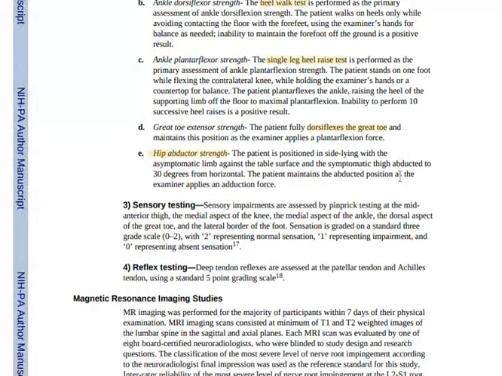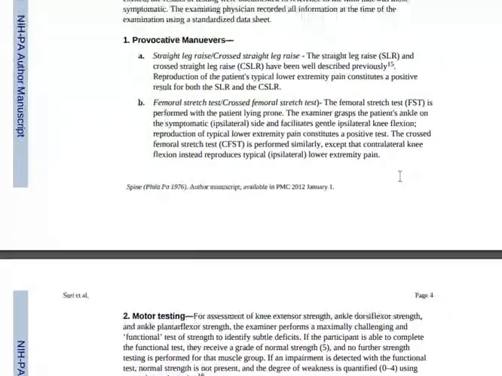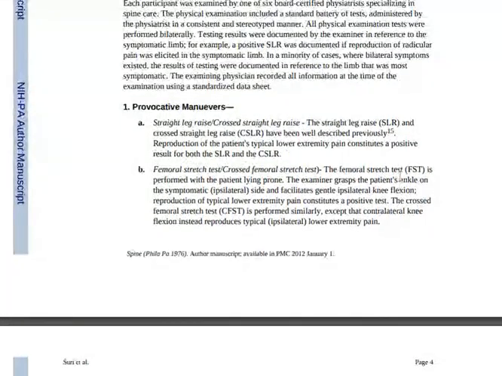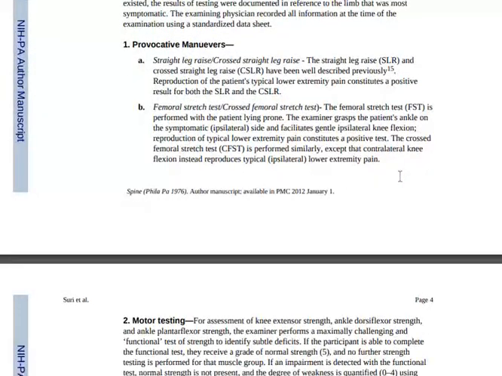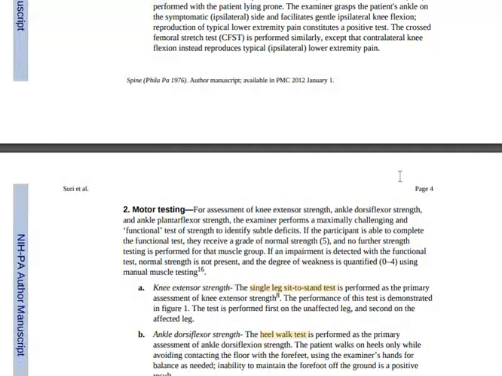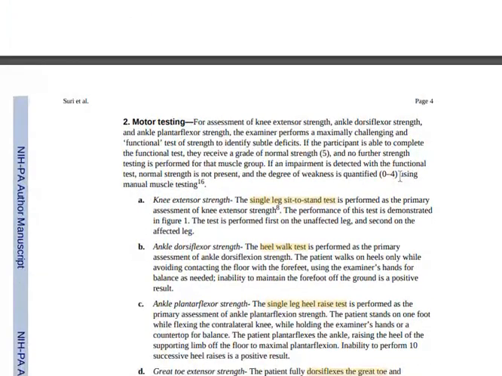They also did some sensory testing and reflex testing. Notice on all of these, there's no touching the person's back, which can be helpful as well if we're trying to determine if it is from the back or not. Sometimes when we do motor testing, you may get some weakness, but they may still be able to pass a baseline.